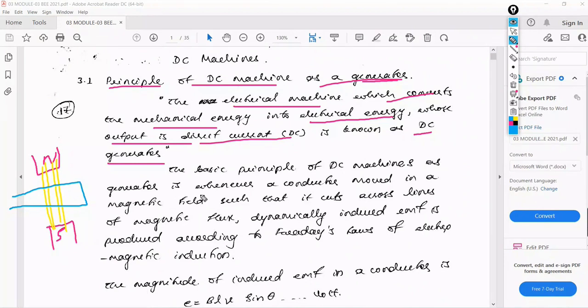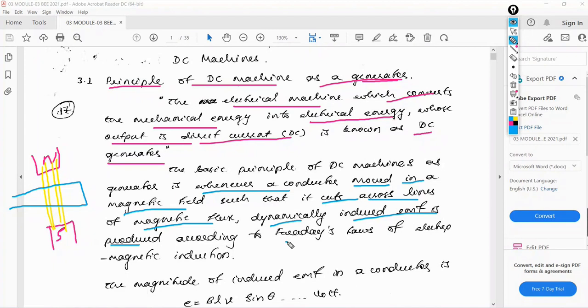Whenever a conductor moves or rotates in a magnetic field and cuts across the lines of magnetic flux, there will be a dynamically induced EMF.